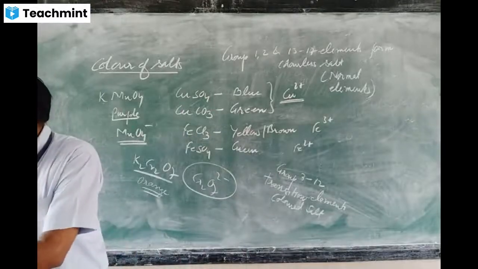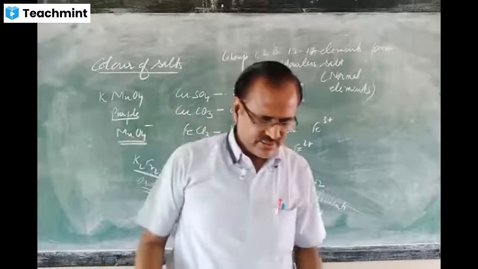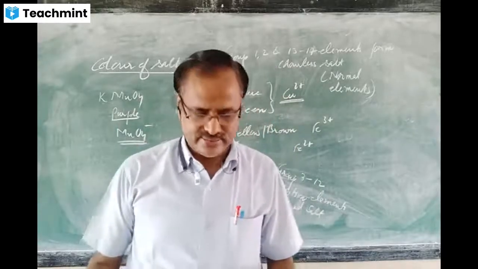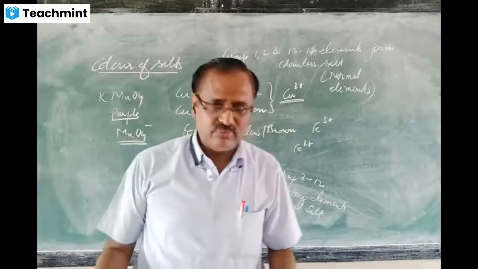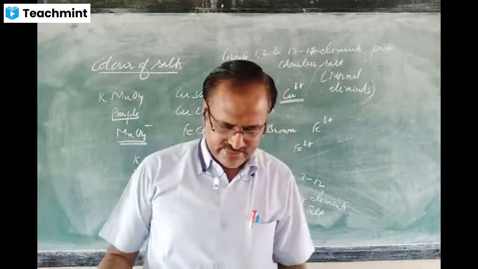So just go through your book, page number 64, what is given? Color of salt. A salt is generally colored if cations or anions are colored. Two columns are given, one side colored cations and another side colored anions.